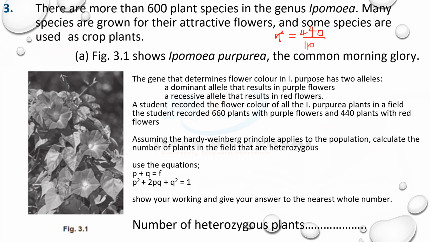By the time you divide this, it's going to give us 0.4. Did you get 0.4? So if you want to solve for q, q should be the square root of 0.4.